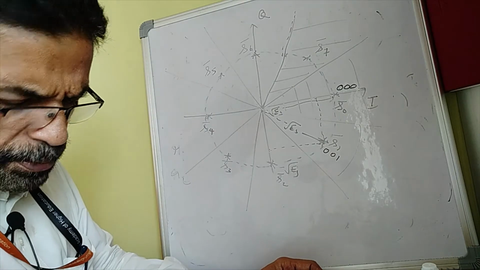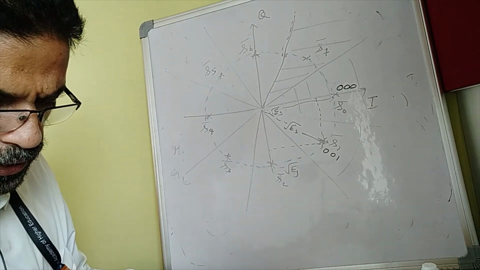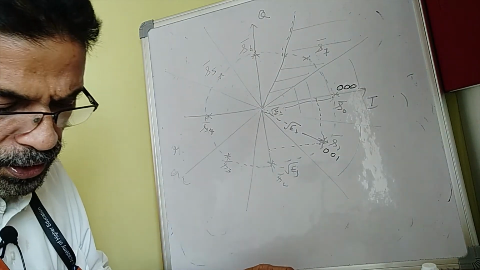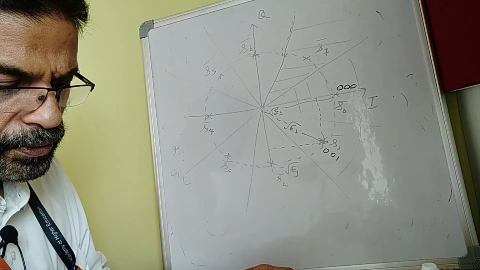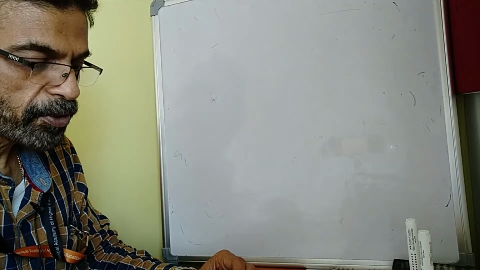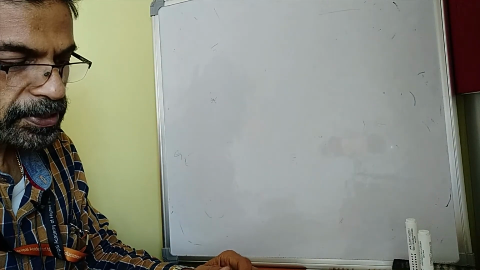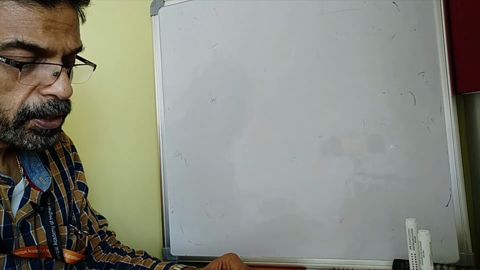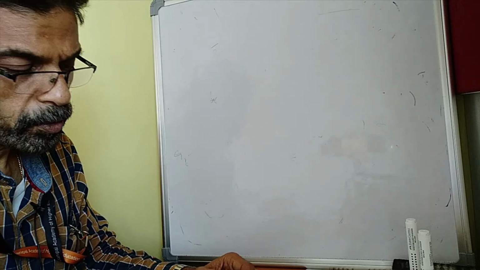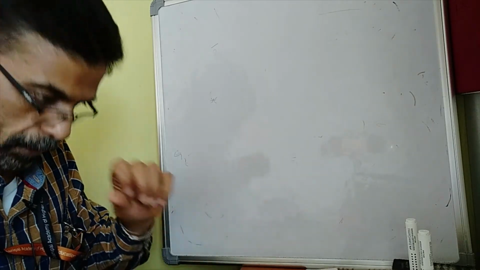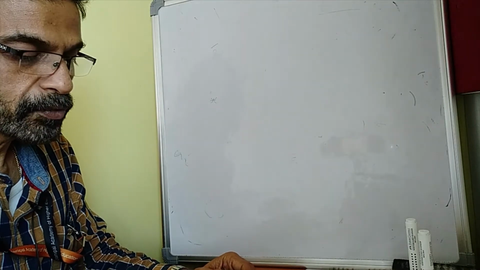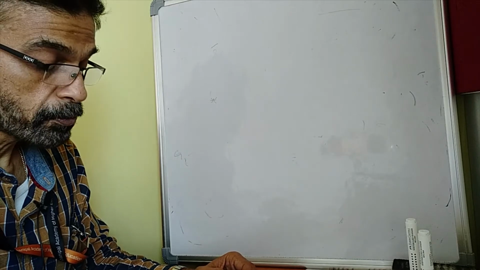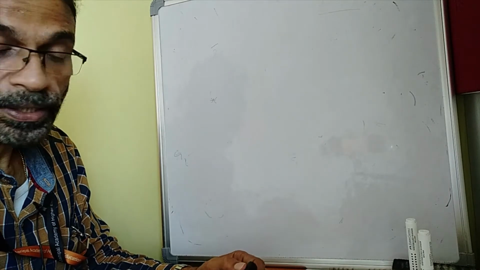So the performance evaluation we will carry out now. Having understood what octal PSK actually is, we will now carry out the performance evaluation. To evaluate the performance, we will adopt the same method which we adopted for QPSK. In that, we will find out the probability of a symbol being detected correctly and subtract that from 1 to get the probability that the receiver makes an error in detecting that symbol.